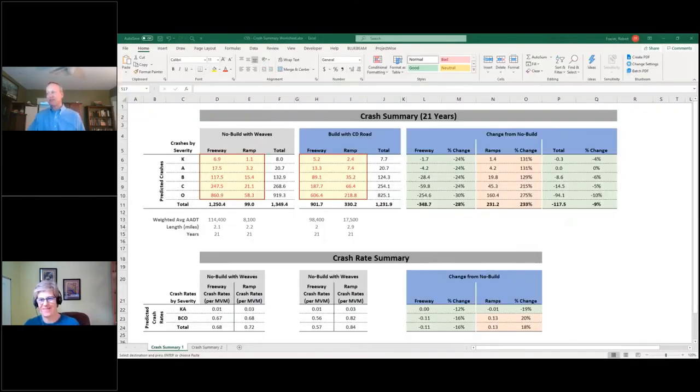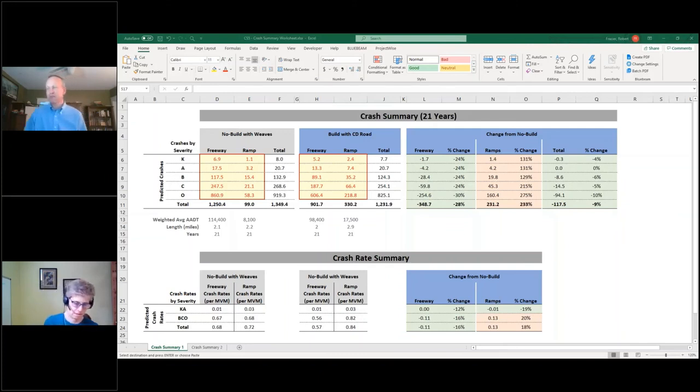I see a few more things popping up here. Okay. We got volumes, weave, merge, diverge, change, less traffic on the freeway. Oh, there we go. And more ramp traffic due to CD road.